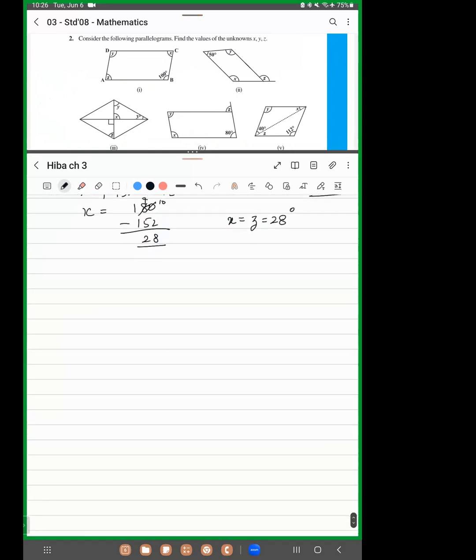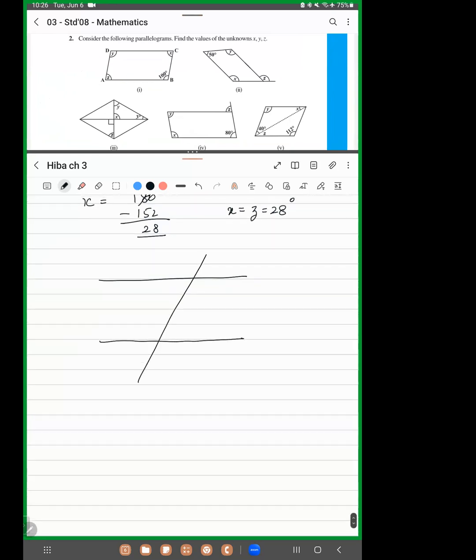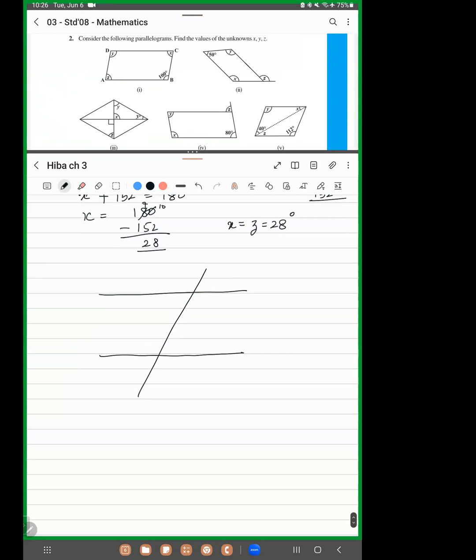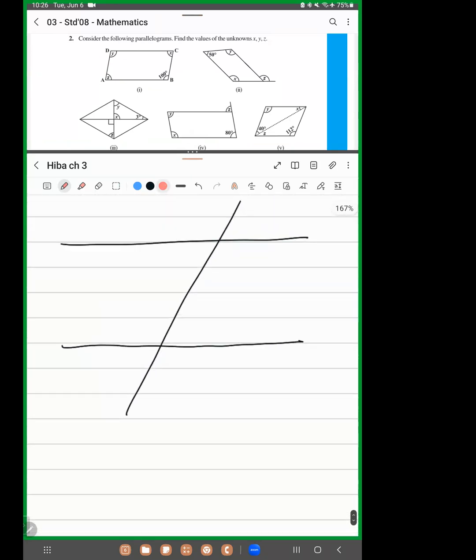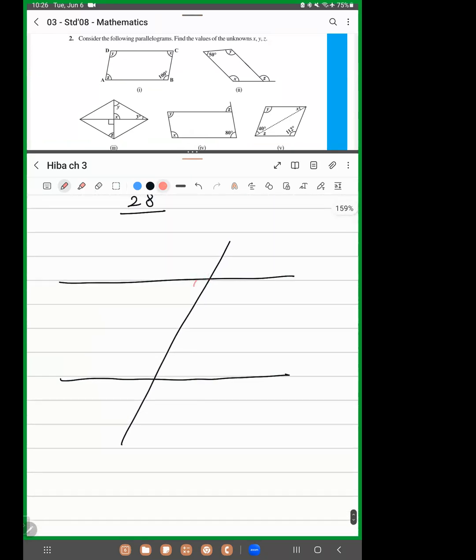Okay. Interior angles on the same side of the transversal. This and this. Okay. Interior का क्या मतलब है बच्चे? Interior means inside.